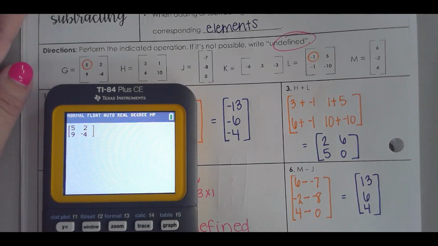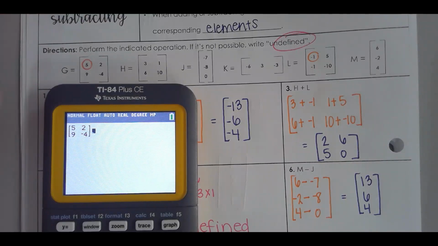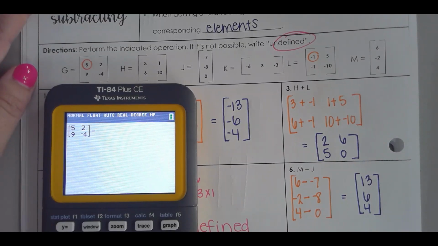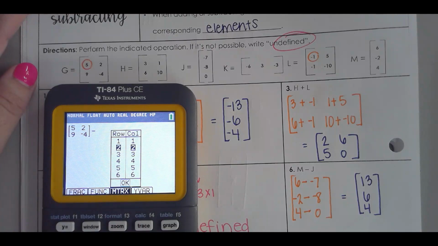Yes? I did that a different way. I went ahead and filled in L and subtracted it. Does that change my answer? You shouldn't. Minus matrix L, alpha zoom.